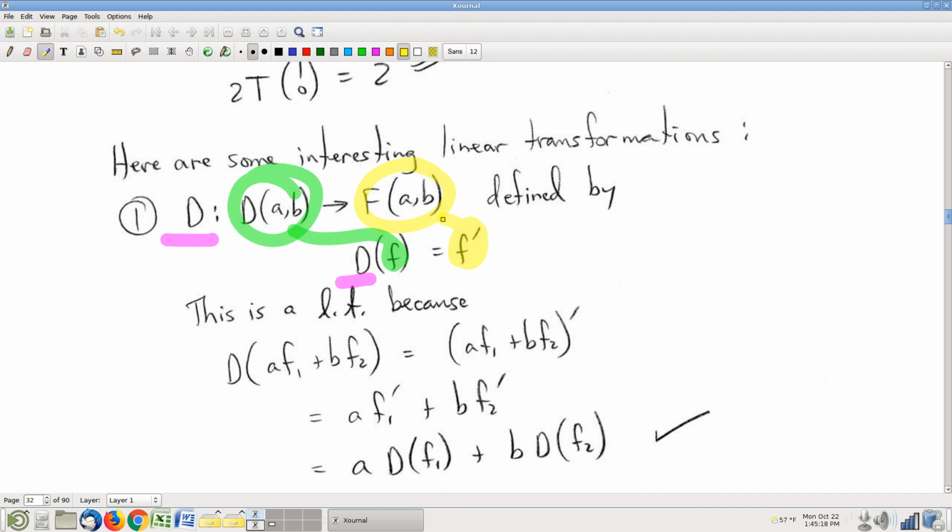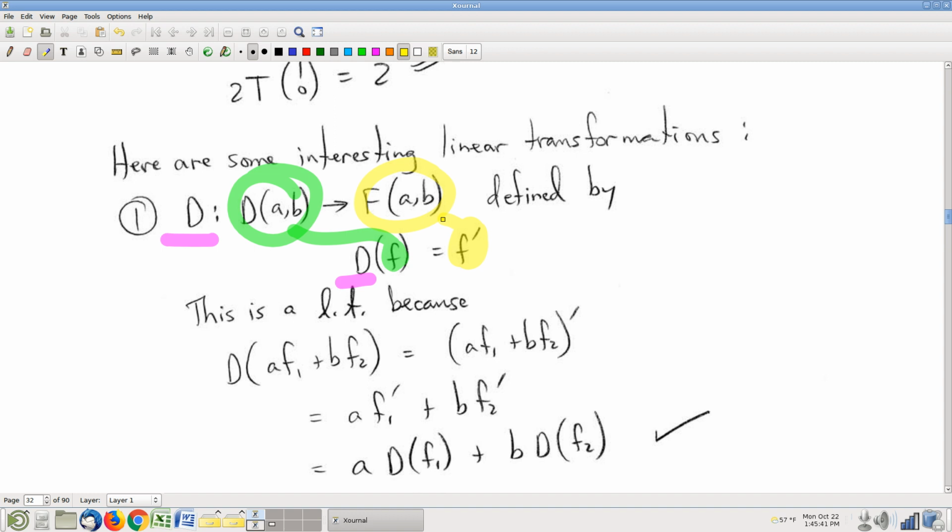Do be careful, though, and keep in mind that I'm not saying that all functions that are derivatives are linear functions. That's not at all what we're saying. I'm not saying, well, the derivative of sine x is cosine x, cosine x is the derivative in that case, and therefore cosine x is linear. Of course not. That's obviously not true.